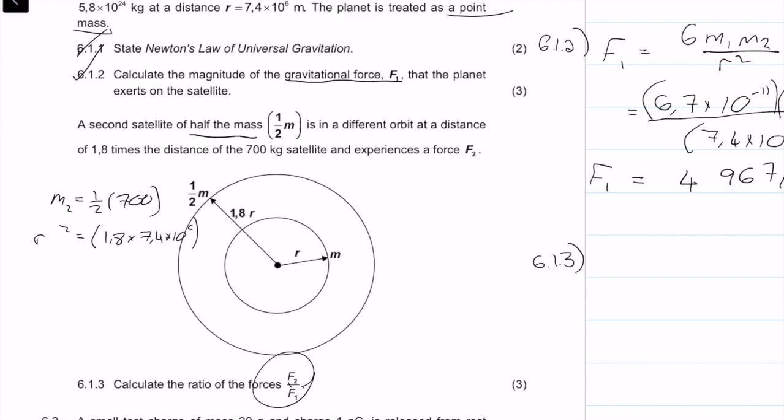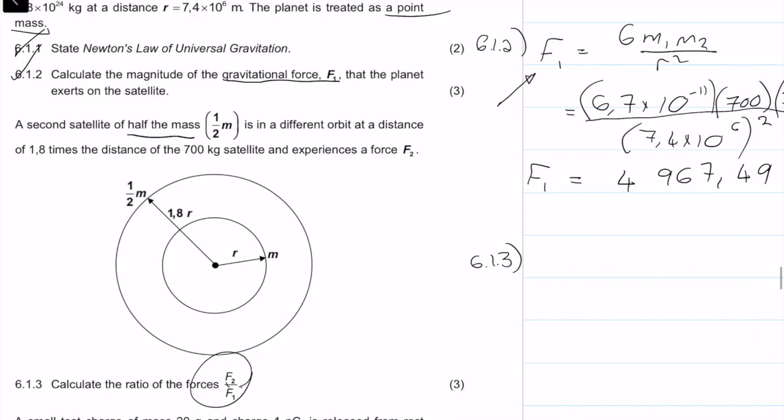Okay, so we could do that and use that same equation that we used before, but a better way to do this question would be to actually use their relationships. Basically, what we can say is that F2 is equal to G m3 m2 over r3 squared.